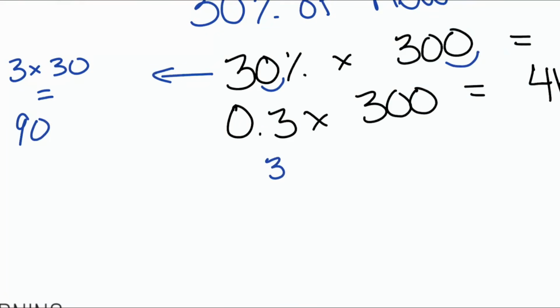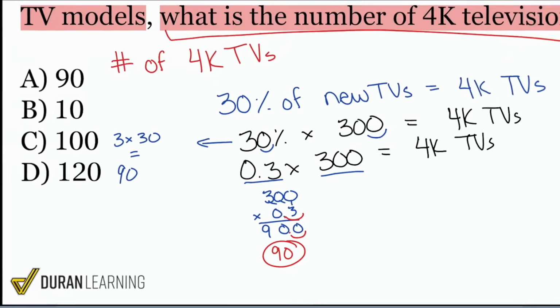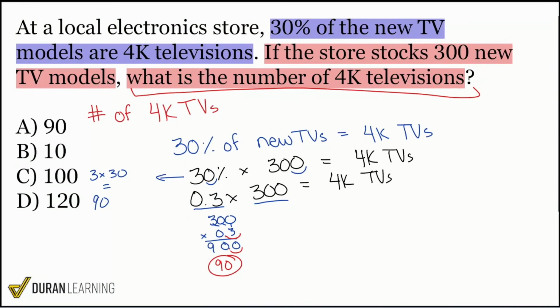Or you can just do 300 multiplied by 0.3, and you'll still get the same answer. 0 times 3, 0 times 3, 3 times 3, and then we just bring one decimal back, making it 90, and we're all done. But either way, we'll still get the same correct answer. One is just going to save you a couple of moments of time, which we know will add up in the grand scheme of things, making the correct answer A, 90.